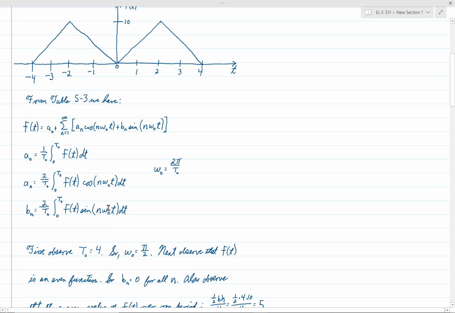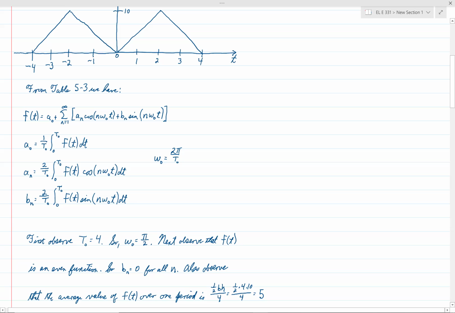So overall, this integrand is an odd function. And whenever you integrate an odd function over symmetric limits, from negative t0 over 2 to t0 over 2, you get 0. So that's another way of seeing that bn is equal to 0 for all n.